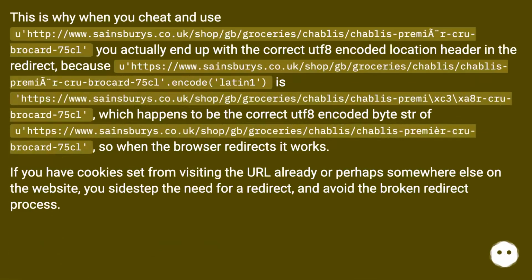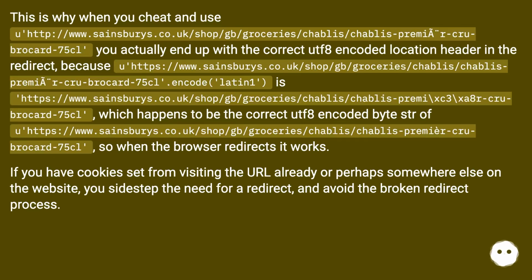This is why when you cheat and use the alternate URL, you actually end up with the correct UTF-8 encoded location header in the redirect, because the Latin 1 encoding of the Unicode URL happens to be the correct UTF-8 encoded byte str of the other Unicode URL.